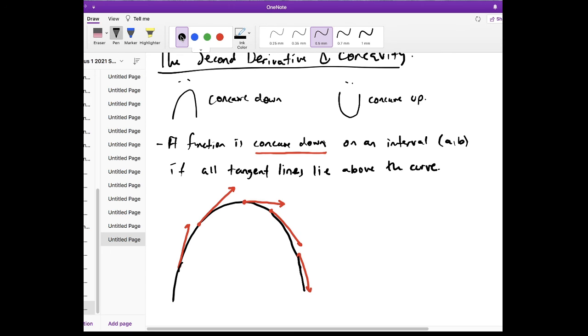Okay, so what does above the curve mean? One way to say this is that if L of x is the tangent line, is any tangent line, then what do you think the evaluation of f of x minus L of x is? Is this positive or negative?